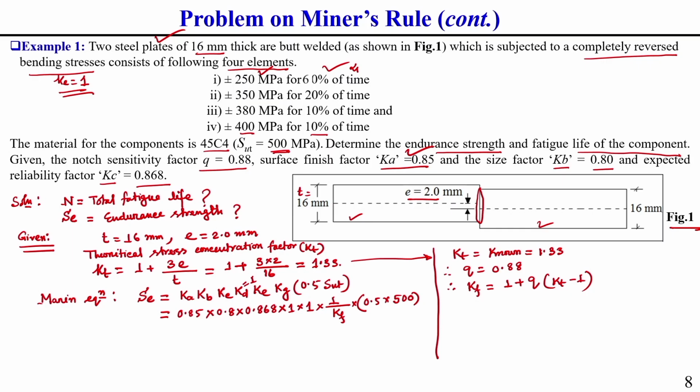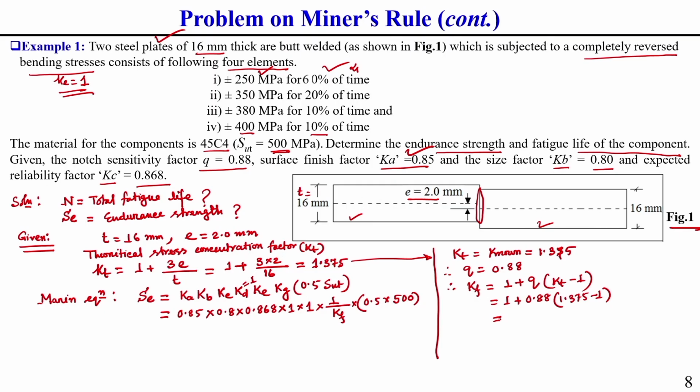Based on this formula, what we can find out? Kt is 1.375, q is 0.88, so Kf equals 1 plus 0.88 into 1.375 minus 1.